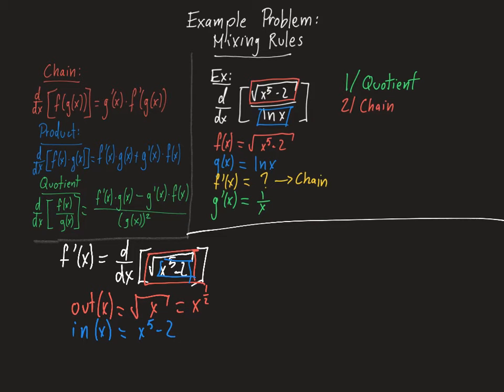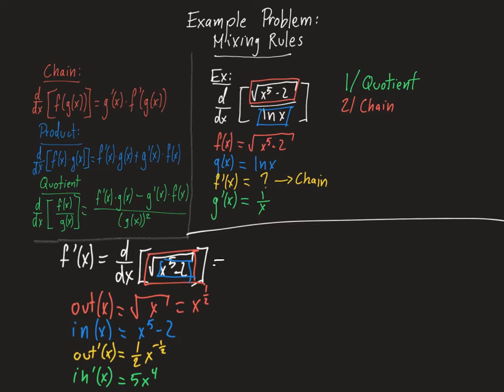All right, next off, we need to take their derivatives and write them out. If the outside function is square root of x, its derivative, out prime of x, is going to be 1/2 x to the negative 1/2. Meanwhile, if the inside function is x to the 5th minus 2, then its derivative is going to be 5x to the 4th.